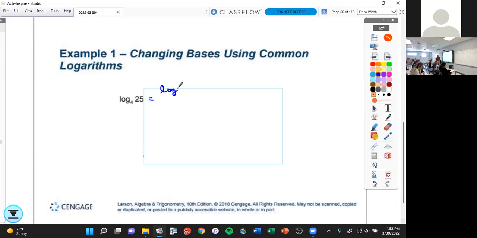I'm doing a change of base right now, and I want to change this to base 10. You don't have to write the 10. If I'm changing base, then you just leave it and put log 25 divided by log 4.